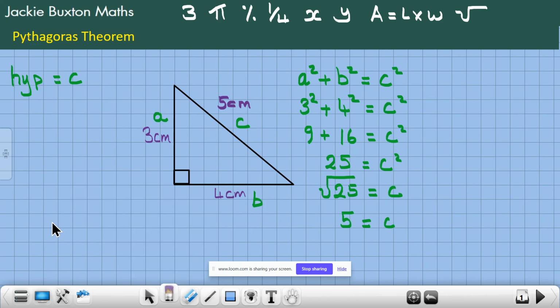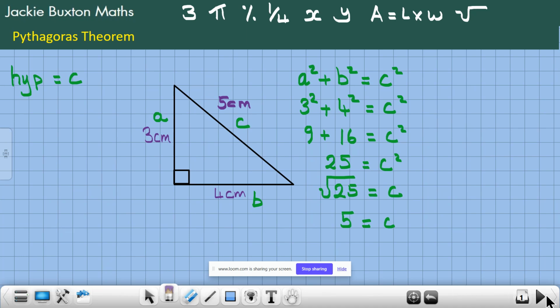Okay, now that came out very nicely, and we call this the Pythagorean triple because it just comes out so nicely. 3 squared plus 4 squared equals 5 squared. Of course, we could get all sorts of numbers, all sorts of lengths, so we've got to be able to deal with it however it comes.